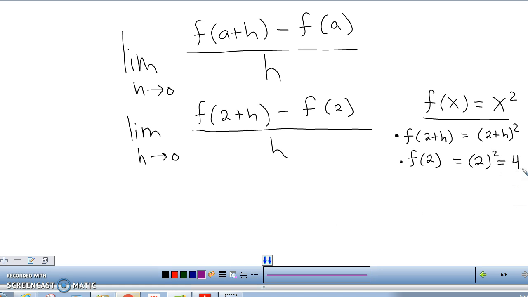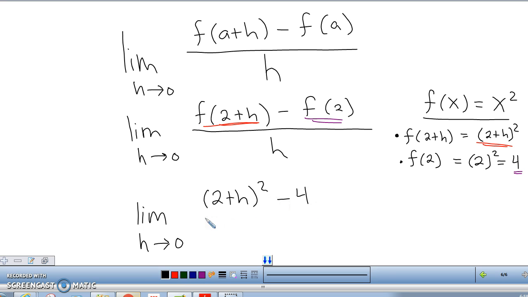And this is what we'll replace here, to get the limit as h approaches 0 of 2 plus h squared minus 4 over h.